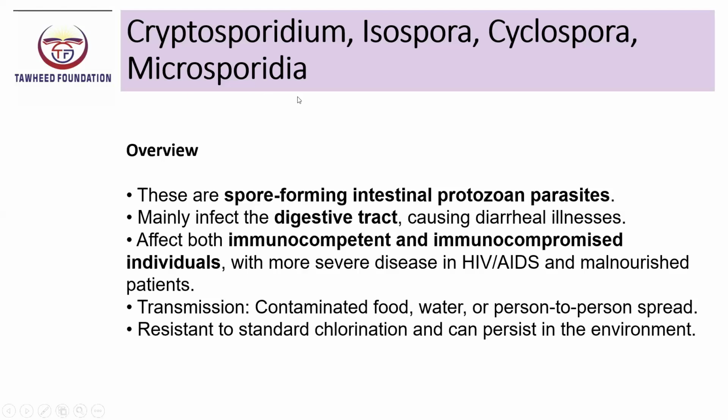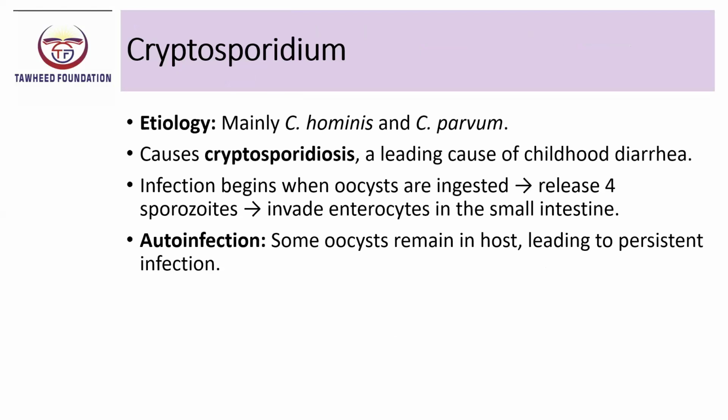Microsporidia were formerly considered spore-forming protozoa and have recently been reclassified as fungi. Microsporidia are ubiquitous, obligate intracellular parasites that infect many other organ systems in addition to the gastrointestinal tract and cause a broader spectrum of diseases.